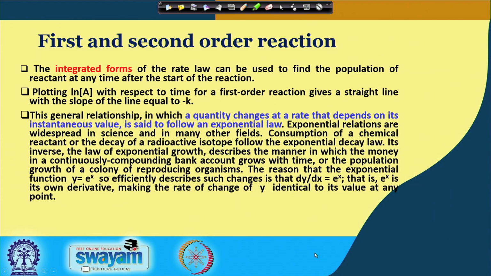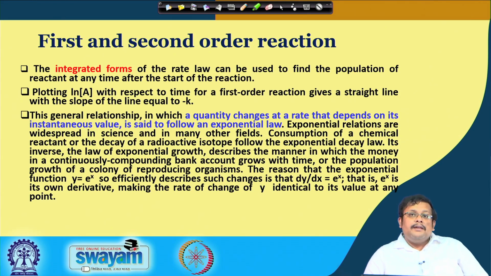Now the integrated forms of the rate law can be used to find the population of the reactant at any time after the start of the reaction. Now, plotting the logarithm of A concentration with respect to time for a first order reaction always gives a straight line with the slope of the line equal to minus k.